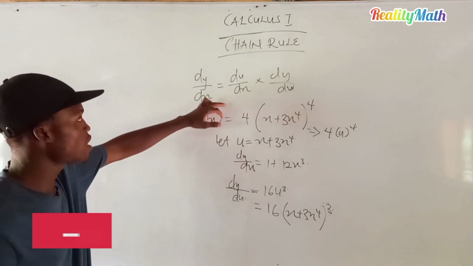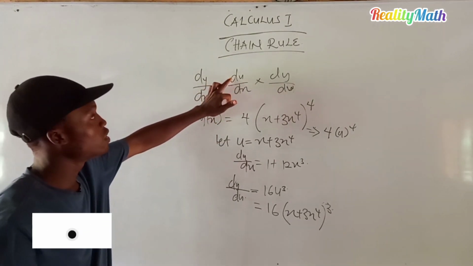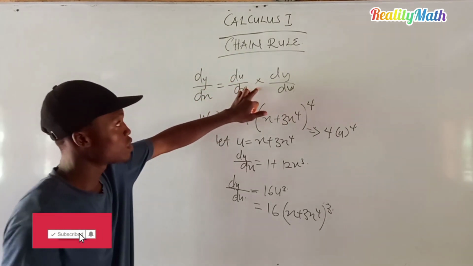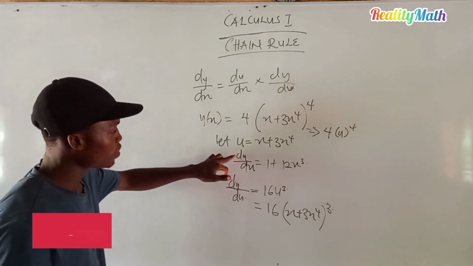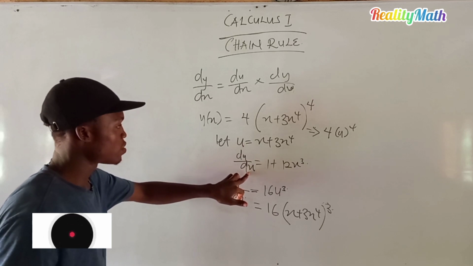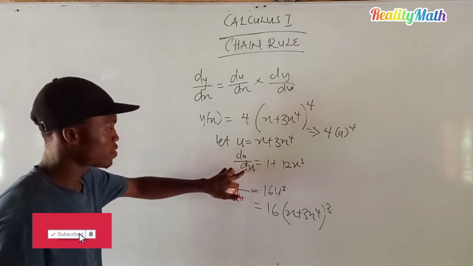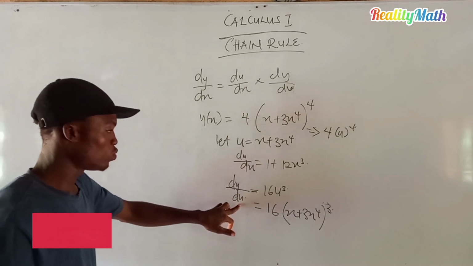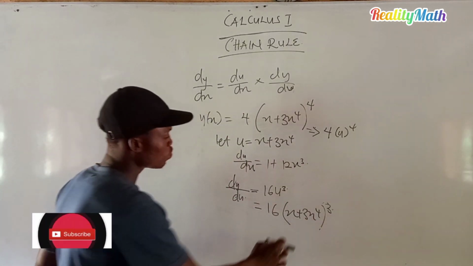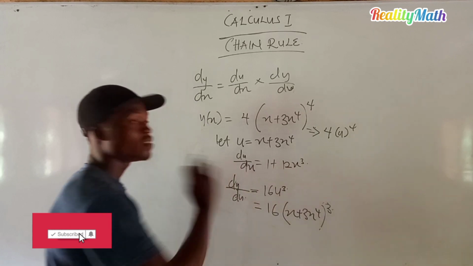The function states that we are going to multiply the du/dx times the dy/du. This is our du/dx, it gives us this, and this is our dy/du, it gives us this. So we are just going to multiply this with this. Then that ends it.